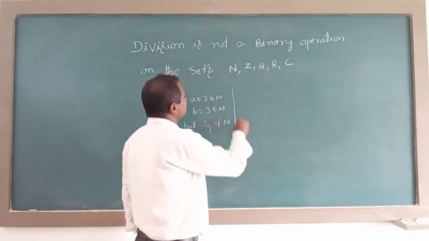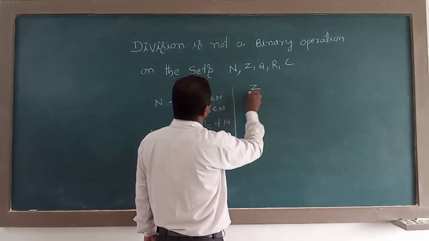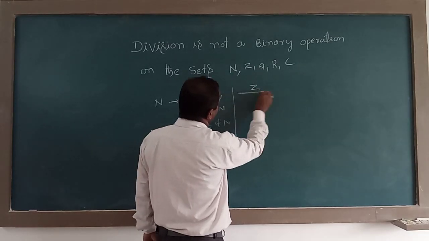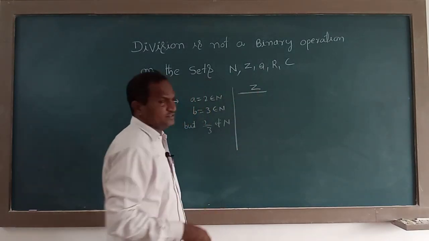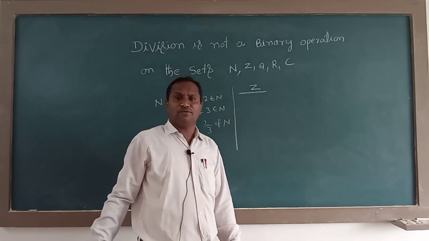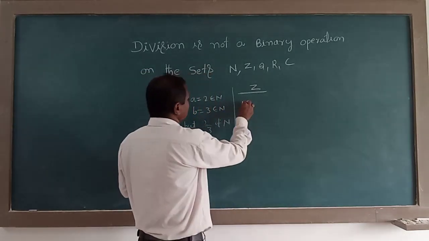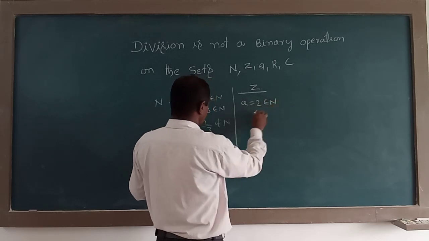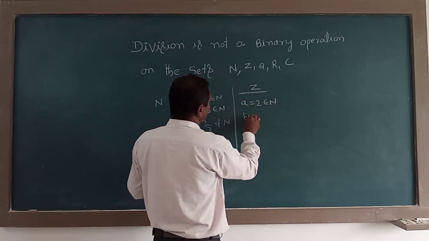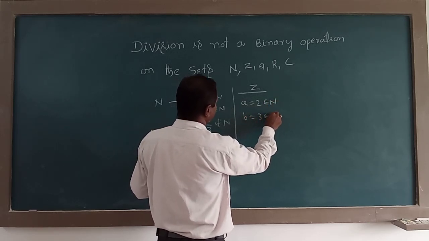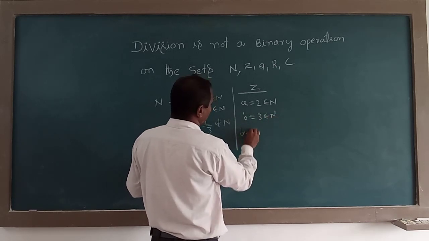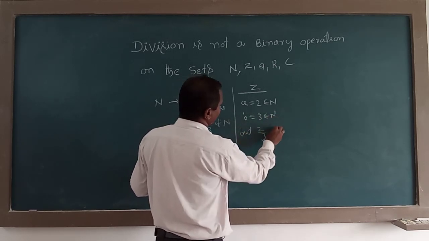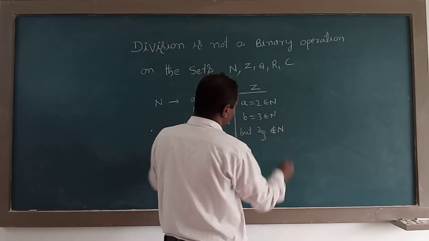Next, move to Z also. In the set of all integers we will not have fractions. Here also the same: 2 by 3 does not belong to the set.